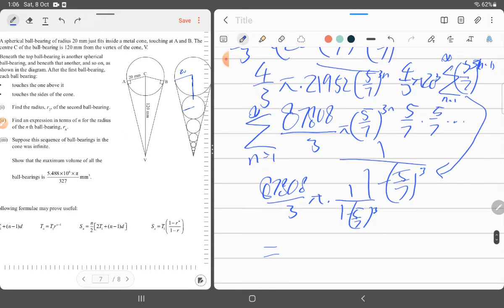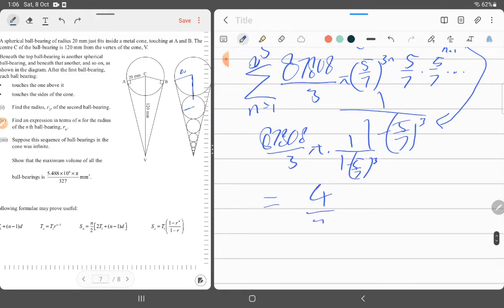So 3 pi 20 cubed times 1 over 1 take away 5 over 7 all cubed, which is equal to 4 over 3 times pi 20 cubed over 1 take away 5 over 7 all cubed.